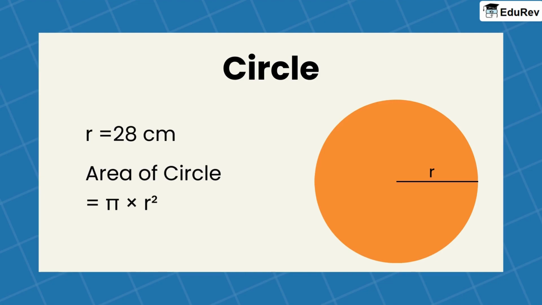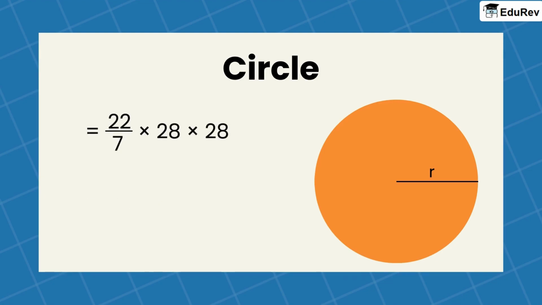That is equal to 22/7 multiplied by 28 into 28. When we solve this, the answer comes out to be 2464 centimeters square.